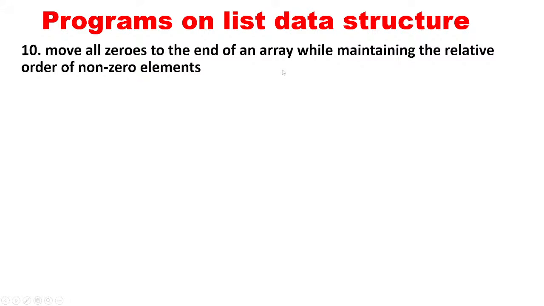Then this is another important problem. This problem is also very important: move all zeros to the end of an array while maintaining the relative order of non-zero elements.